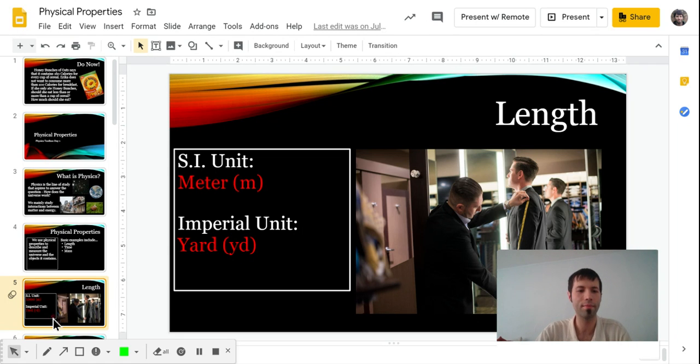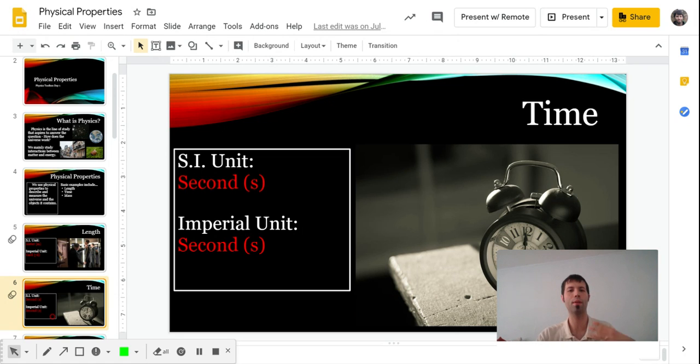So that's length. The next basic physical property is time. The SI unit for time is seconds. And guess what? The imperial unit for time is seconds. When the SI system was invented, they just decided not to mess around with time because everybody was used to seconds, minutes, and hours, and they weren't going to try to make new units for that.